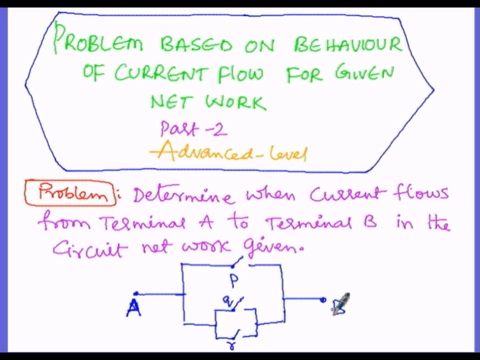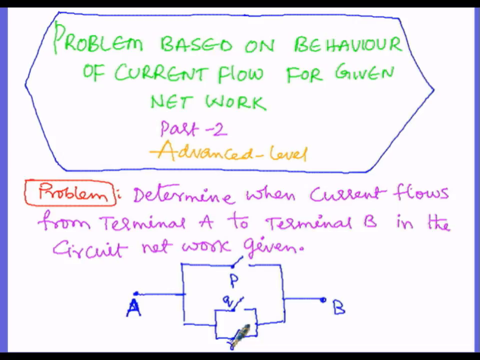As per the circuit network which is given to us, in total it is the parallel combination of the three switches, that is P, Q and R. Through one path the switch P is connected, and through the other path Q and R are connected in parallel.